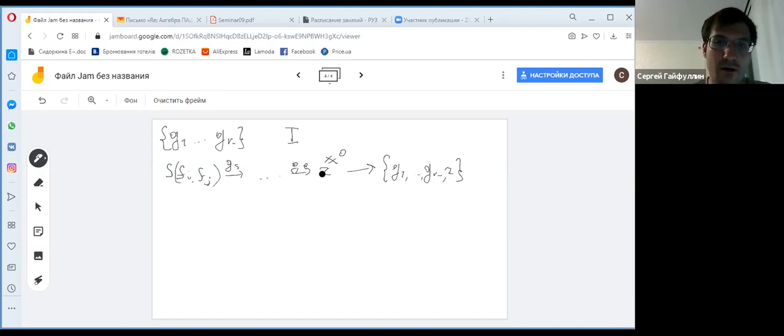If R is 0 for any pair, I'm sorry, here is Gi and Gj, so if the S polynomial can be reduced to 0 for any pair, then we know that this is a Gröbner basis. If we have a non-zero remainder, then we add it to our system, and we compute S polynomials for this bigger system.